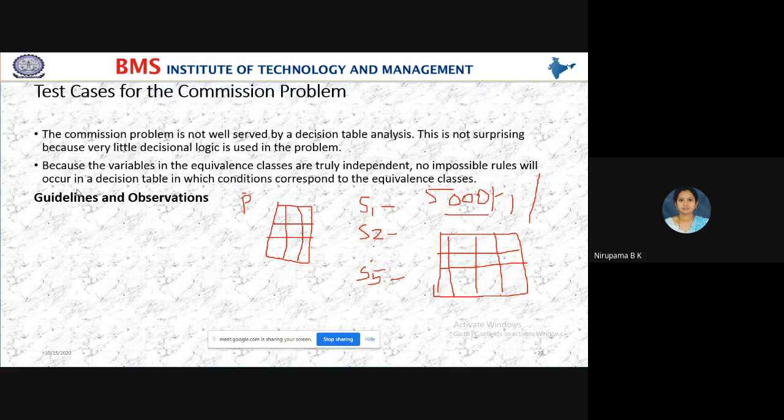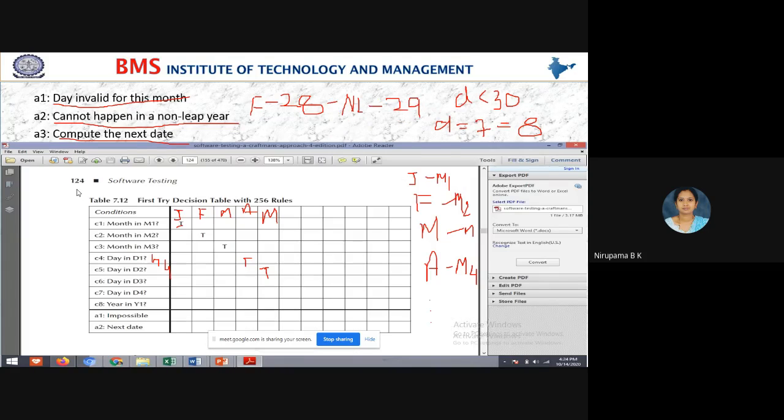What, there are no guidelines to draw a decision table? Without any guidelines, we have written the decision table for the previous exam problem statements. We don't have any rules, no guidelines.